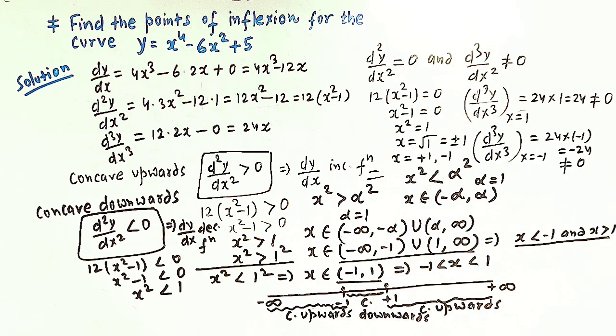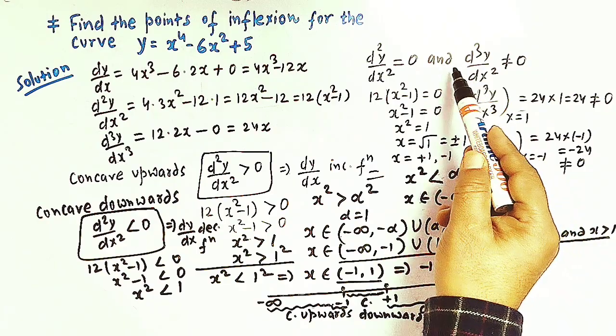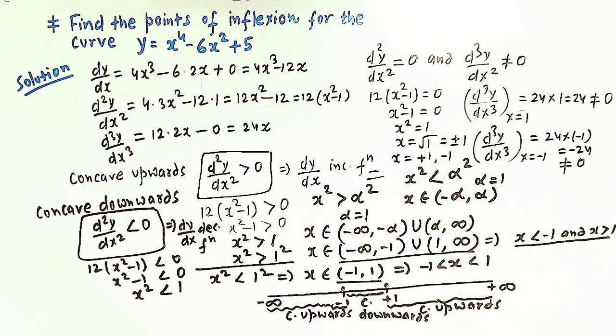So a point is known as a point of inflection when the second derivative is equal to 0 and the third derivative is not equal to 0, and moreover there must be a change in concavity of the curve, that is the curve must change its concavity either from concave upward to concave downward or from concave downward to concave upwards. Then only we have a point of inflection.